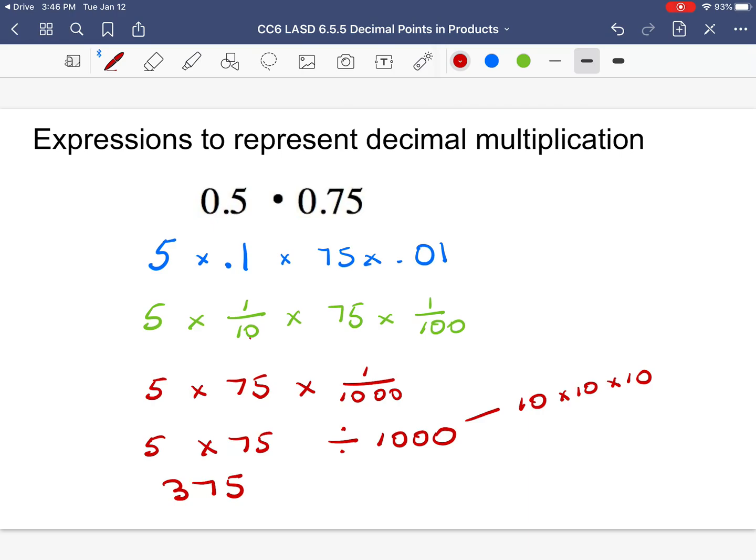So 375, the decimal point is here. Move it 3 digits to the left, 1, 2, 3, and we will get 0.375. So those are different expressions you can use to help you get to the solution of 0.5 times 0.75.